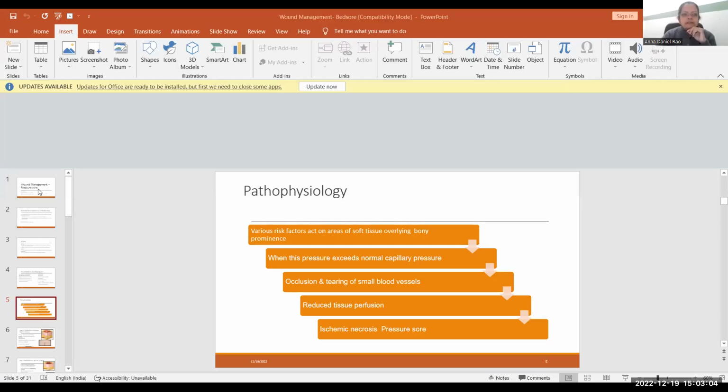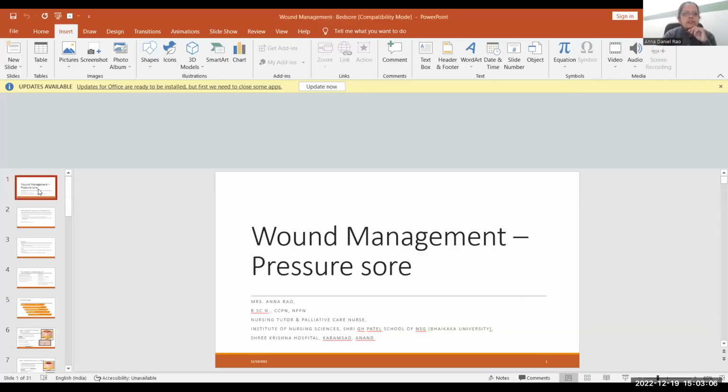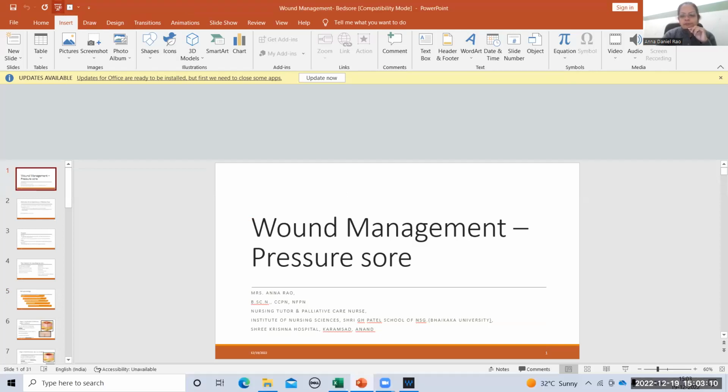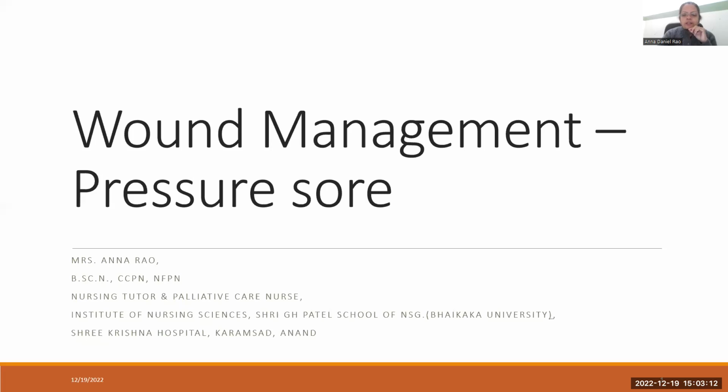Today we will have the first session on wound management of pressure sore. All of you must have seen pressure sores, but particularly in palliative care patients, we see small to very large bed sores, and they are very much preventable also.